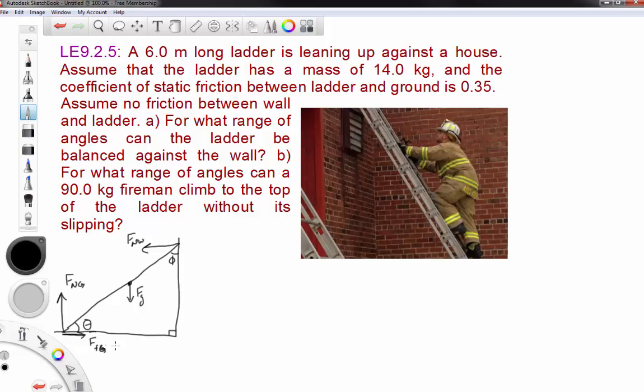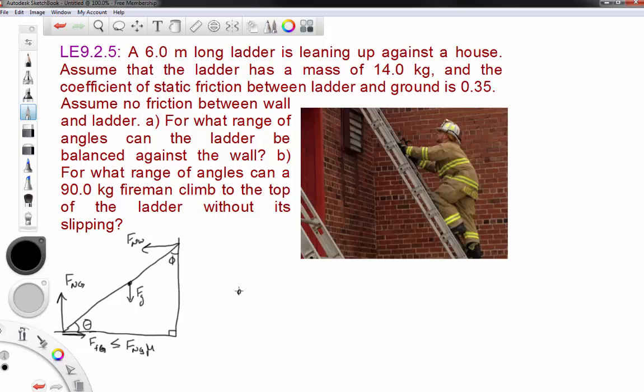And this force of friction, we should recall, must be less than or equal to the normal force between ladder and ground times the coefficient of friction. So those are the forces and where they are acting, which we're going to want when we do torques, and we will.